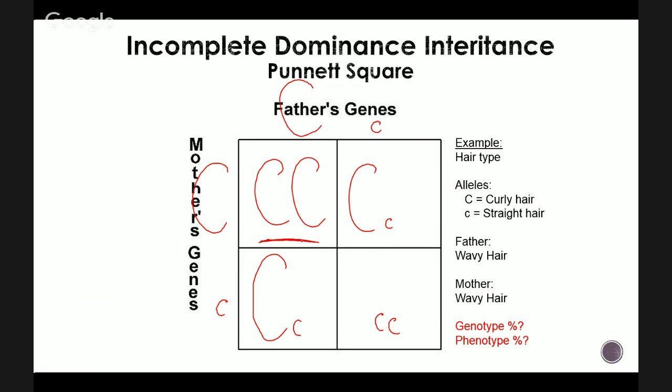Well, I guess you would just say homozygous. There's no dominant. Okay, homozygous for the allele for curly hair, you have 25% homozygous with the allele, right?